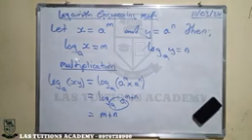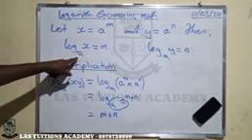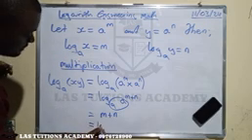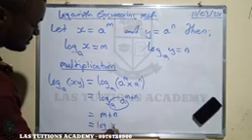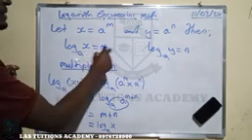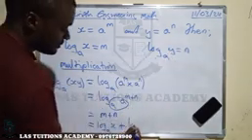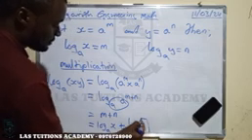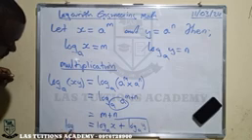Now, we know our m is log x to base a. So we can replace, and this becomes log x. That's our m. Then our n becomes log y. So what are we dealing with here? We said we have log xy.